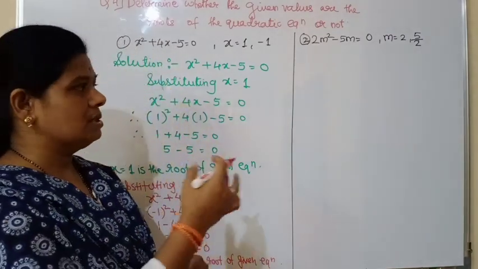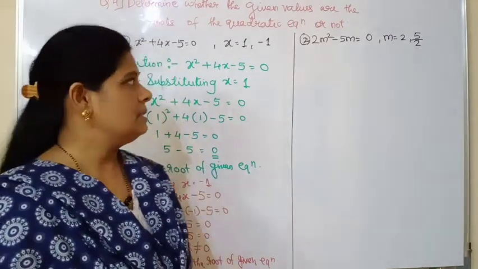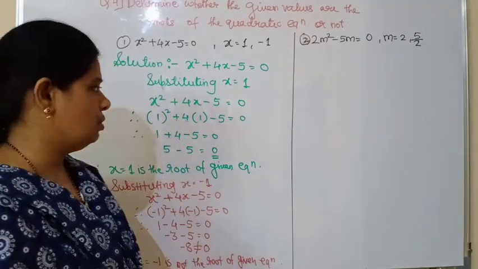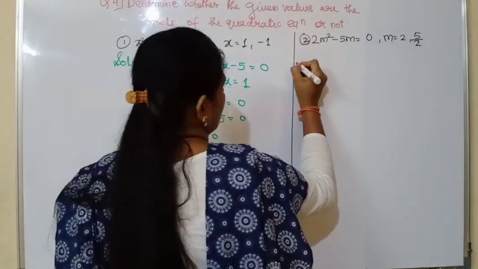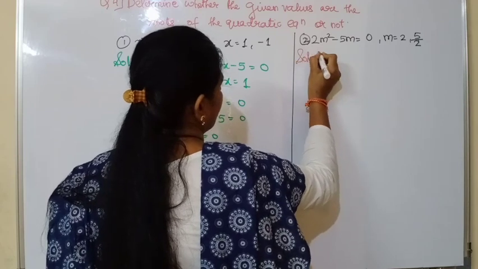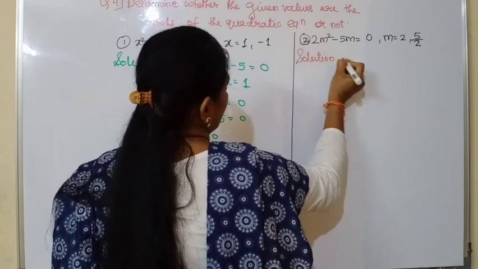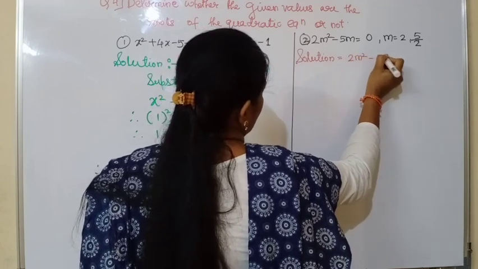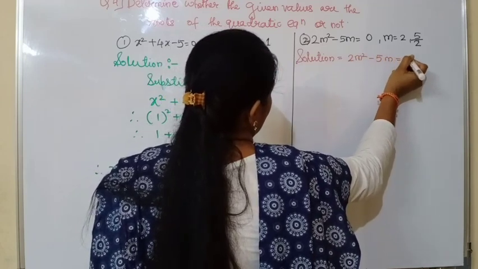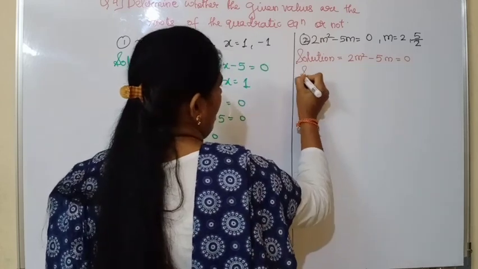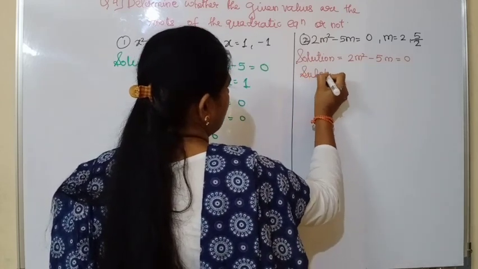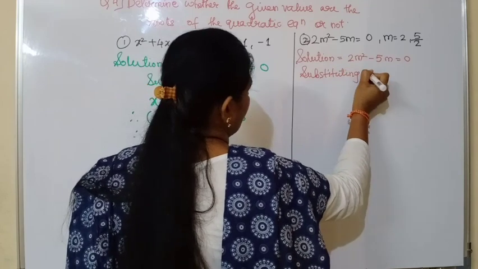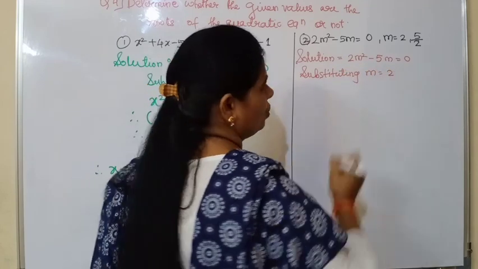Now we will go to the next example, that is 2m square minus 5m equal to 0. First the solution. We write the equation 2m square minus 5m equal to 0. After that, the next step is substituting m equal to 2.